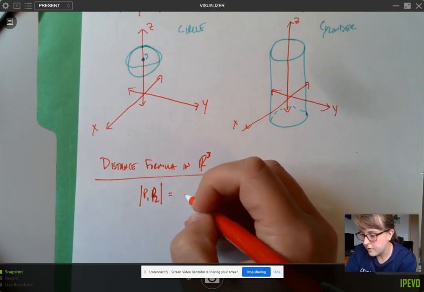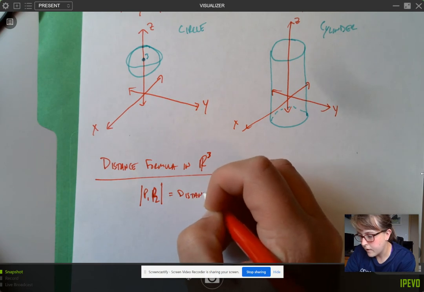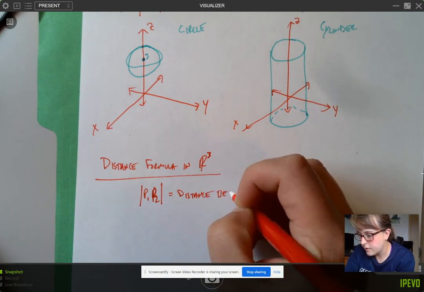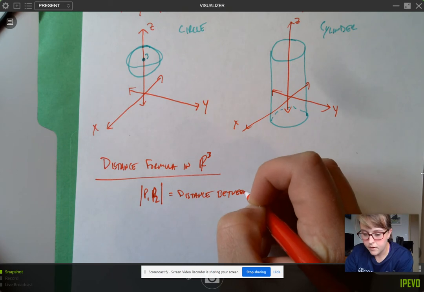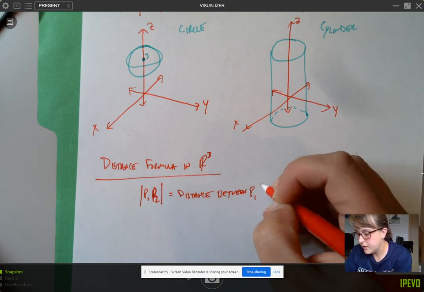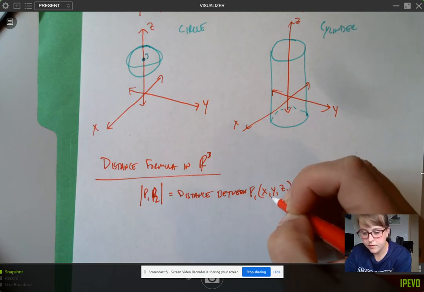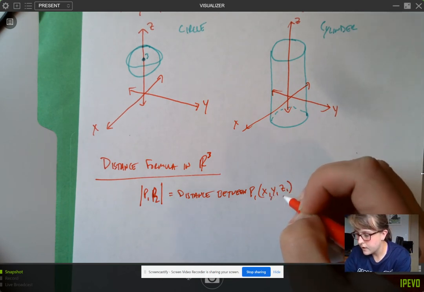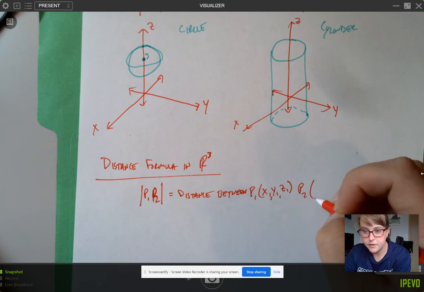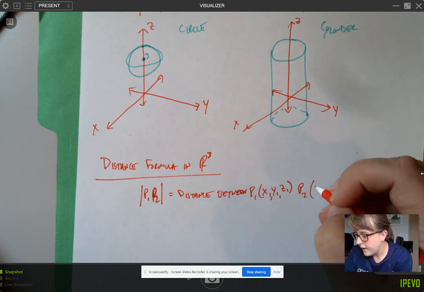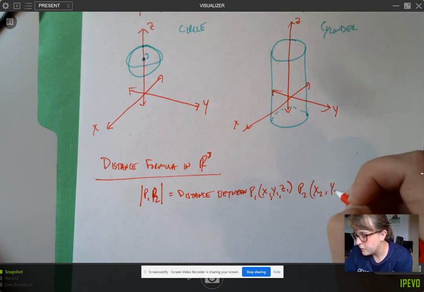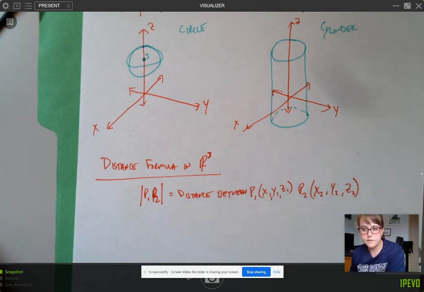This means distance between P1, which is going to have x1, y1, z1 for its coordinates, and then P2, which is, you guessed it, going to have x2, y2, z2 for its coordinates.